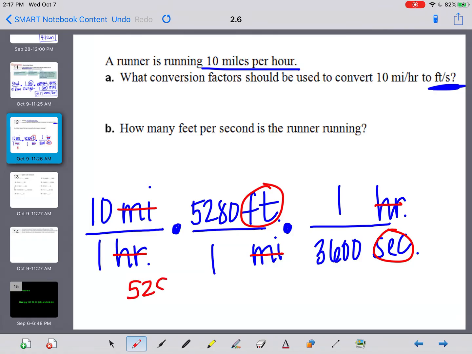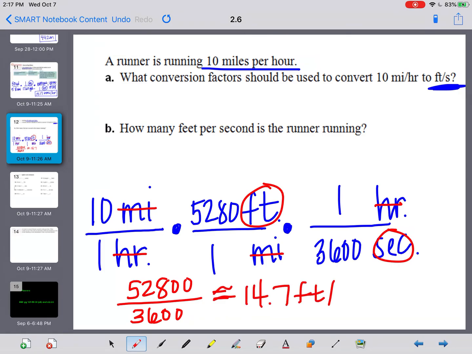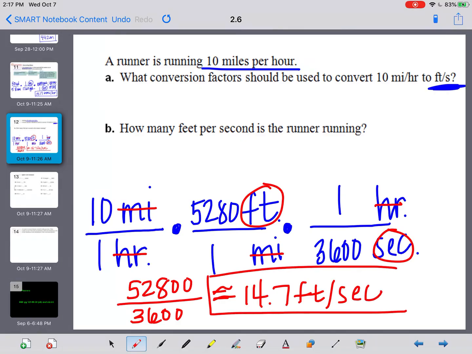And when I multiply straight across, 10 times 5,280 times 1 gives me 52,800 on the top. On the bottom, I have 1 times 3,600. And then I'm going to divide those, and I'm going to get about 14.7 feet per second.